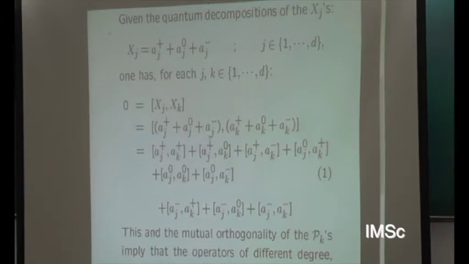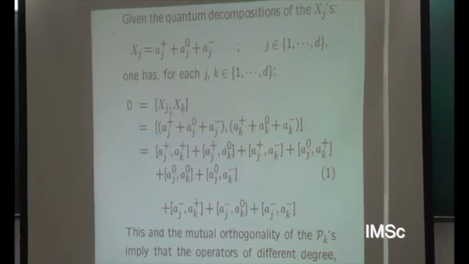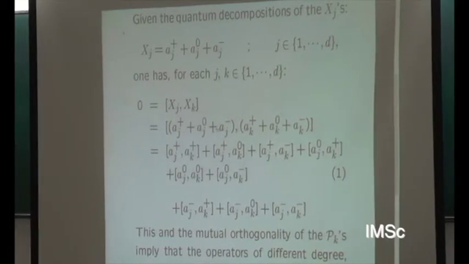And if you write the quantum decomposition of xj, which is these three terms, and the quantum decomposition of xk, which is these three terms, you obtain a total of 9 terms. But they are grouped in this way: 4, 2, and 3. What is the grouping? The grouping is by degree.